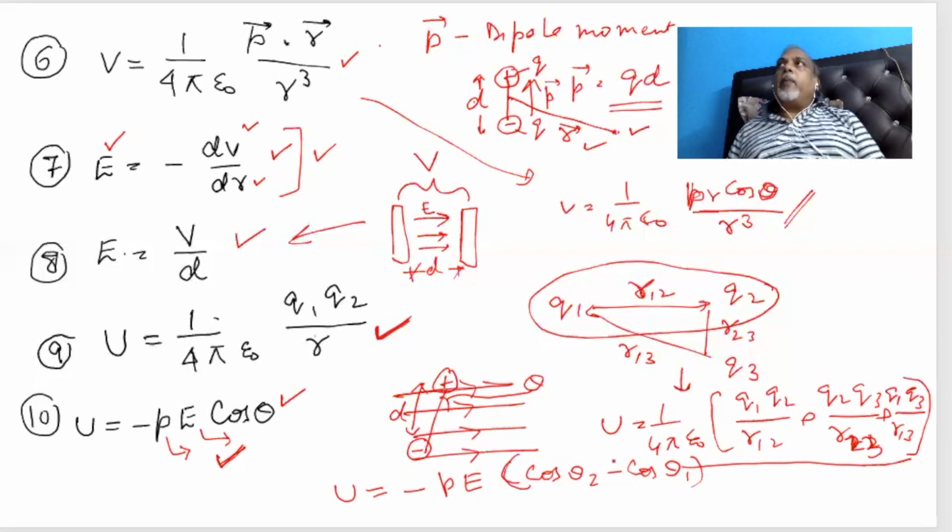If it is moved from theta 1 to theta 2, then this will be the electric potential energy of the system having this dipole. Correct? Now, suppose initially it is 90 degrees, then cos 90 will be 0, and theta 2 is your theta, then naturally it is minus P E cos theta, and this is what this equation is. So I hope you understood this.